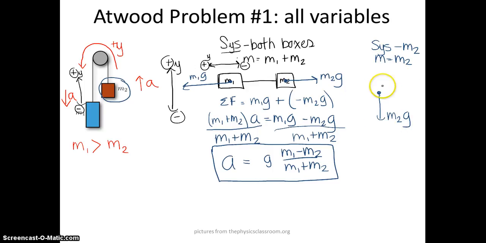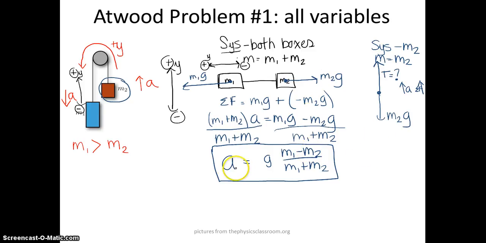I know that the acceleration vector is up, I can tell from over here. So therefore my net force vector is also up. This means that the force upward, in this case the tension force, is going to be greater than M2G. But I'm not really sure what it is.